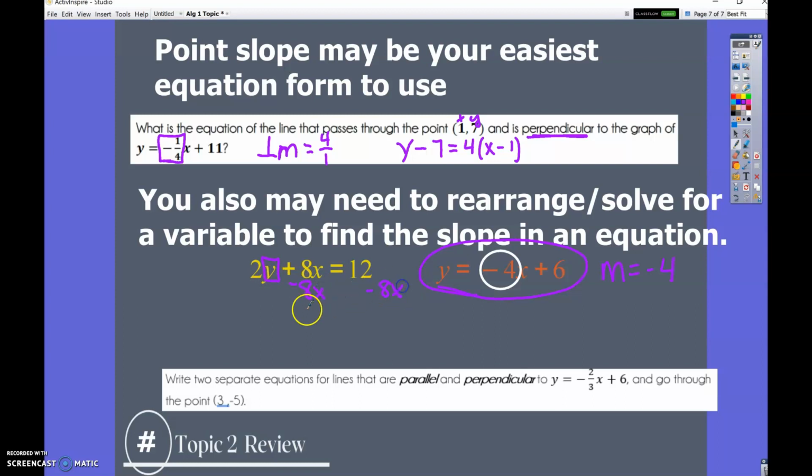That is, if I subtract 8x from both sides, I have -8x plus 12, and then divide everything by 2. That would give me y equals -4x plus 6. Now, notice how these two have the same slope. They actually happen to be the same line.